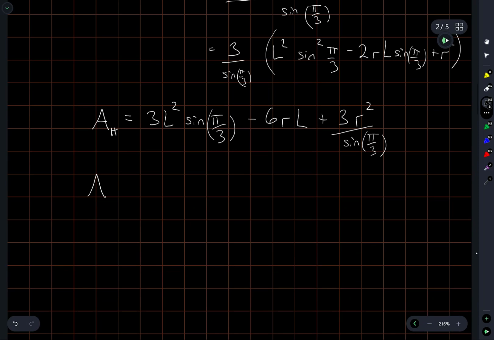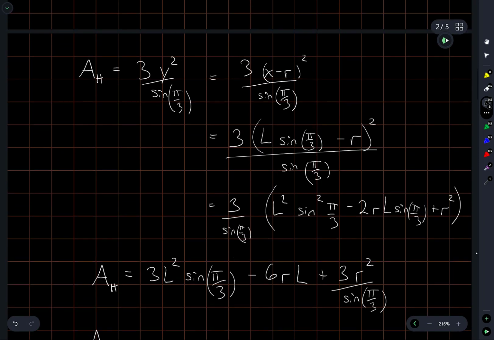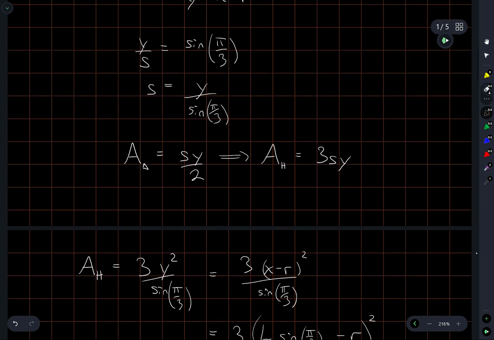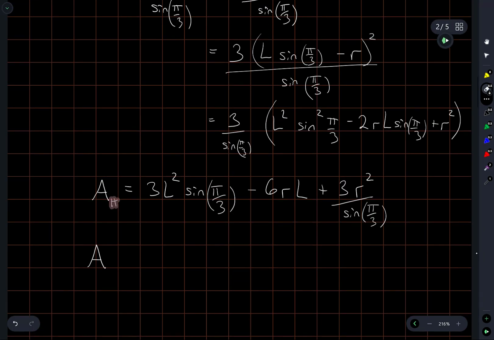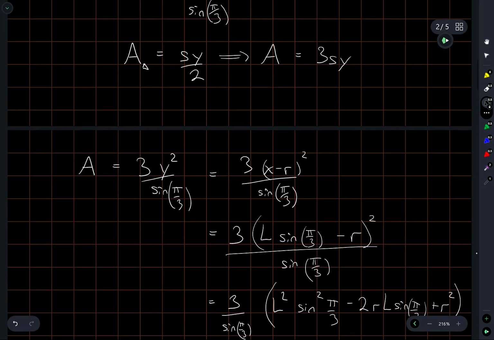The area of the large hexagon, in fact, to make this clear, I'll replace the capital H here with a lowercase h to indicate it's the area of the small hexagon.